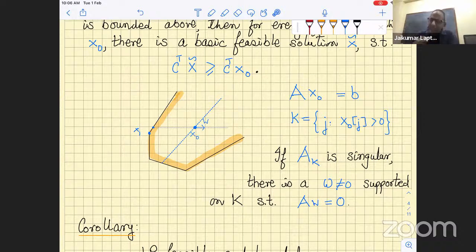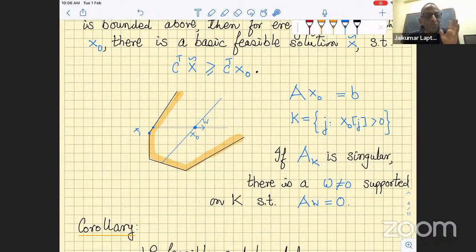Since the W part doesn't change the left-hand side, the system will continue to be satisfied. The point is that W is non-zero. So as we move, at least in one of the directions, we will at some point violate some non-negativity constraint.